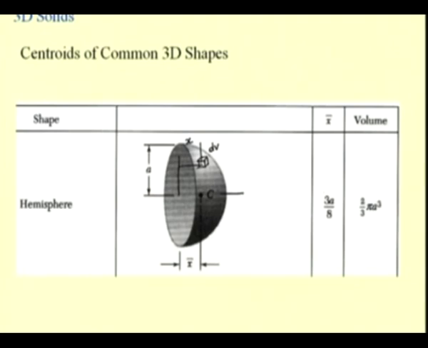So, we find this location x bar by writing x bar V is equal to integral x dV, and for the hemisphere this V is the integral dV, which is 2 by 3 pi a cube, and once we know this V and this integral value, we can determine this x bar.